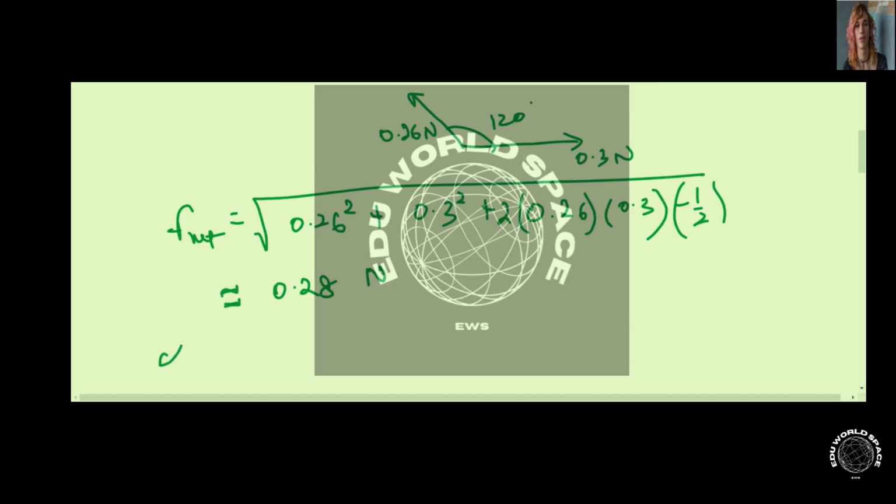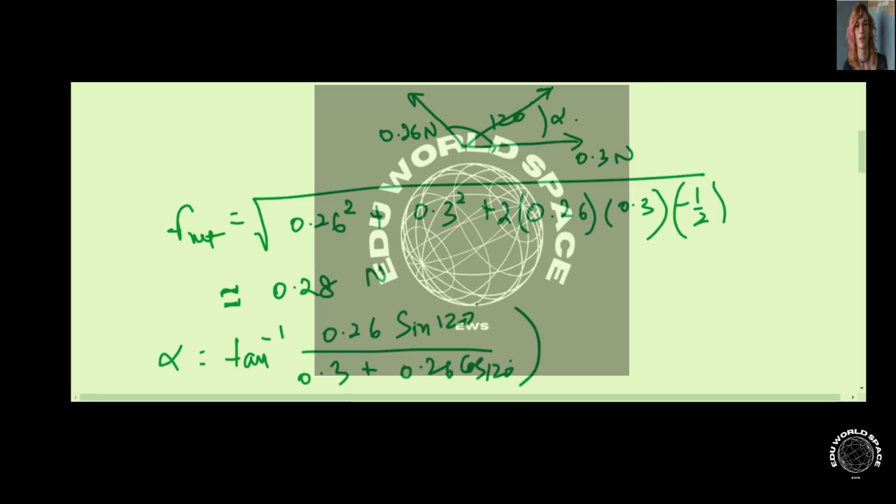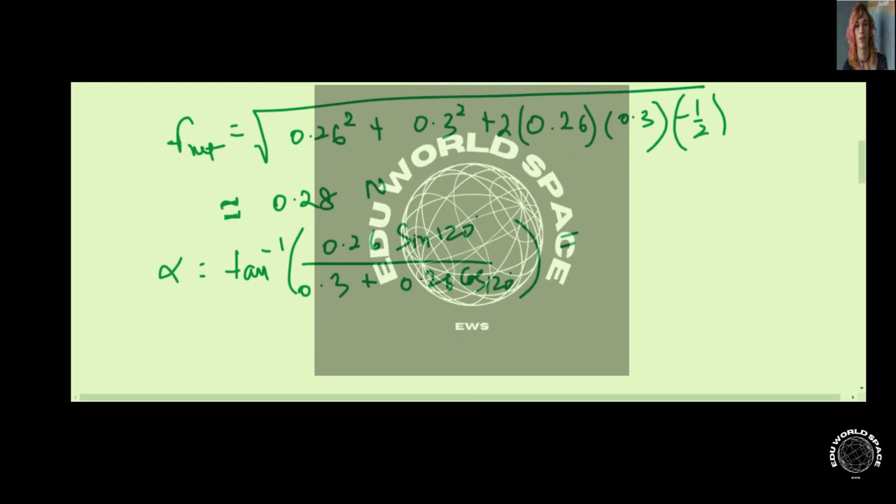And again, to find the direction, let us say the direction is alpha here. So alpha will be tan inverse 0.26 times sine 120 over 0.3 plus 0.26 times cos 120. This is the expression to get the direction. So we get this as, sine 120 we'll take sine 60, that is root 3 by 2, and root 3 we will take it as 1.732.